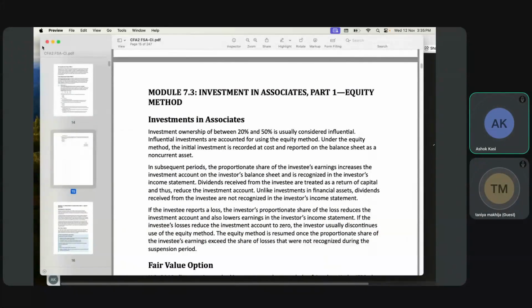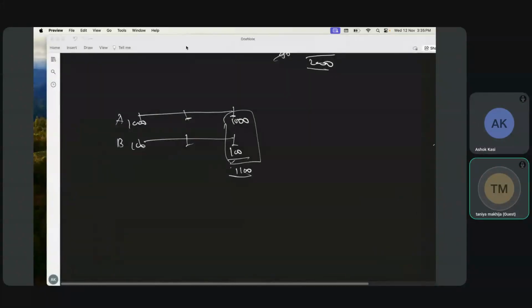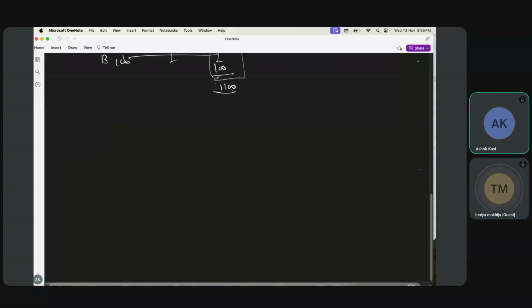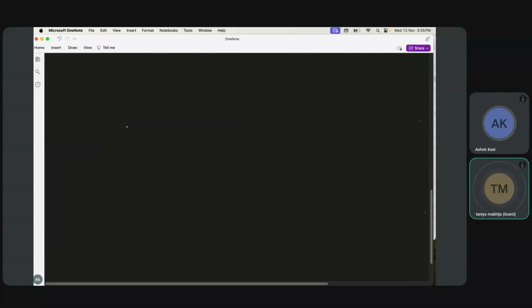So I will do one full-fledged sum. I'm going to write the question here. This is for the equity method of accounting. Imagine there is an acquirer.